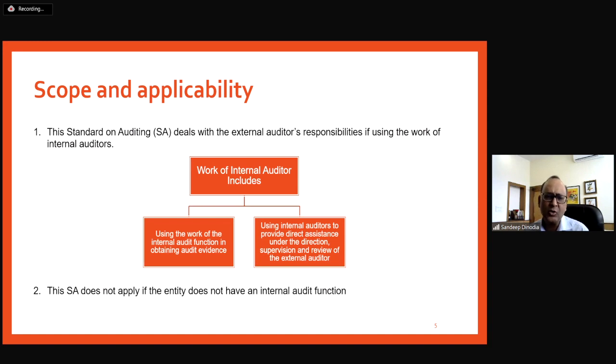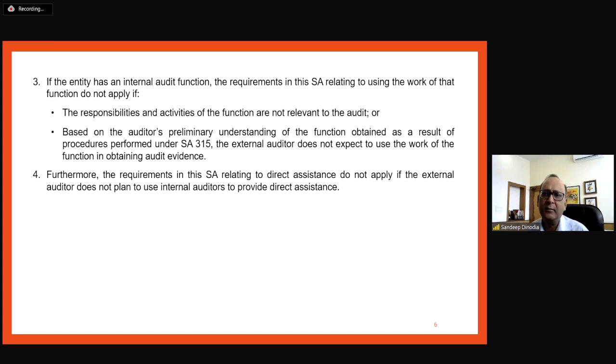This SA does not apply if the entity does not have an internal audit function at all. Even if there is an internal audit function, there are some situations where the work of that function does not apply: if the responsibilities and activities of the function are not relevant to the audit, based on the auditor's preliminary understanding of the function obtained as a result of procedures performed under SA 315.